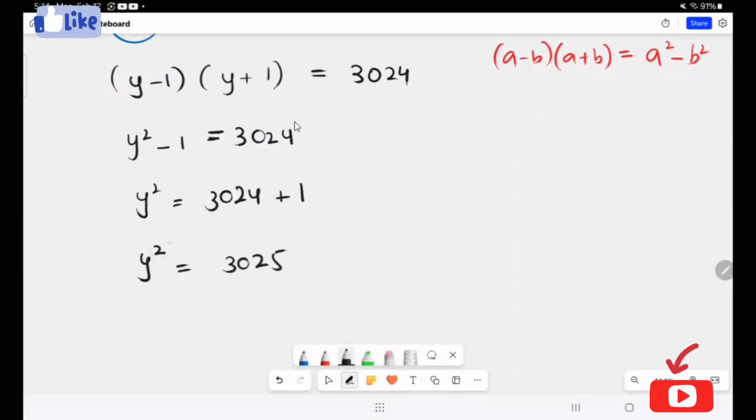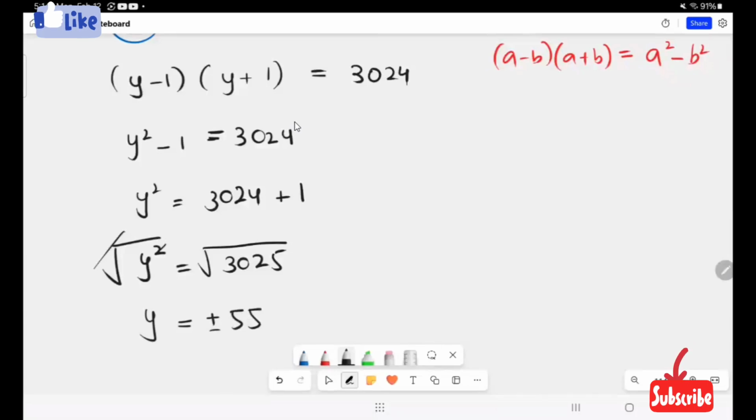Now I want to remove this square, so I'm going to take the radical on both sides. This cancels, so I got y equal to the square root of 3025, which is the perfect square of 55. So our y value is now positive 55 and negative 55.